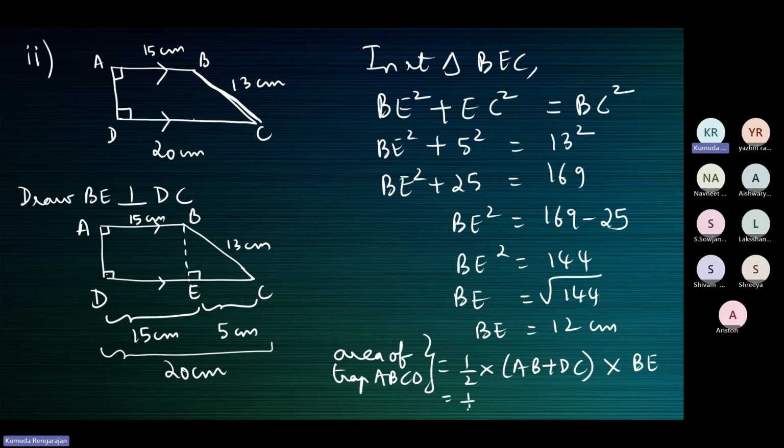So on substituting, half into 15 plus 20 into 12. You can cancel: 2 sixes are 12. 15 plus 20 is 35. 35 into 6 is 210 centimeters square. Lakshmi, perfect. 210 centimeters square.